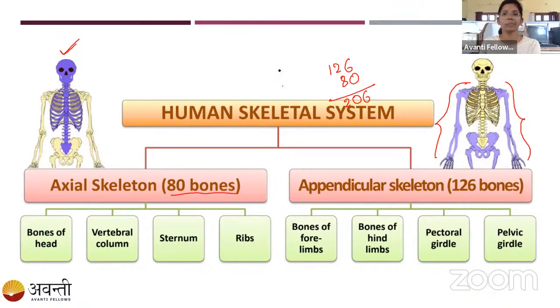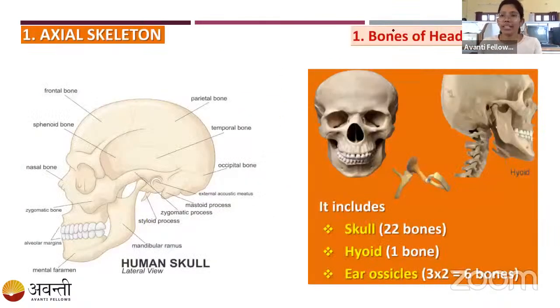Now, let us talk about the axial skeleton. Again, what is the total number of bones present in the axial skeleton? 80. Right. This axial skeleton comprises the head bones. How many bones are present in the head? That is 29 bones.